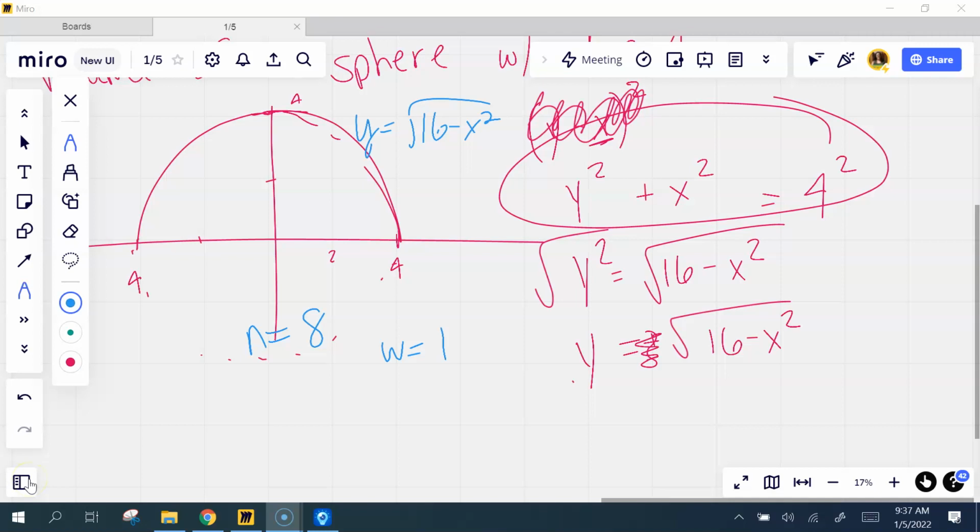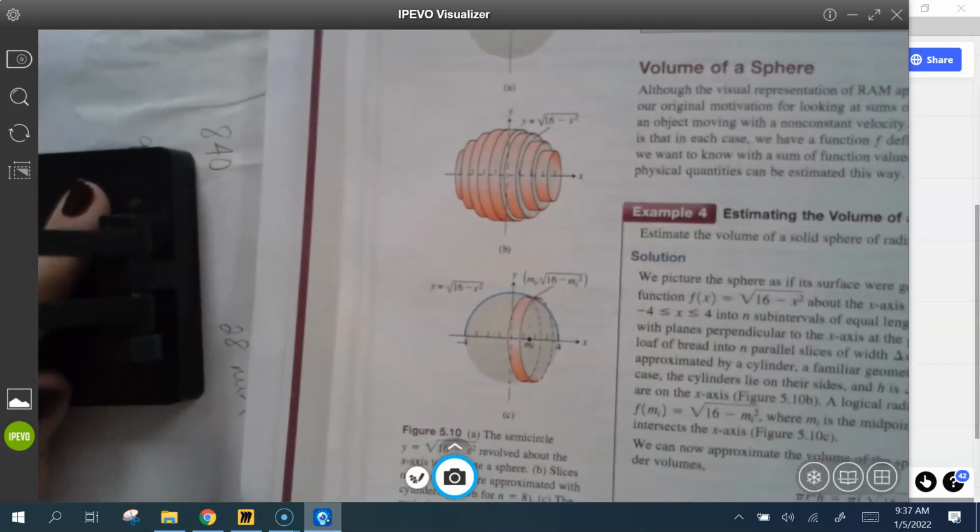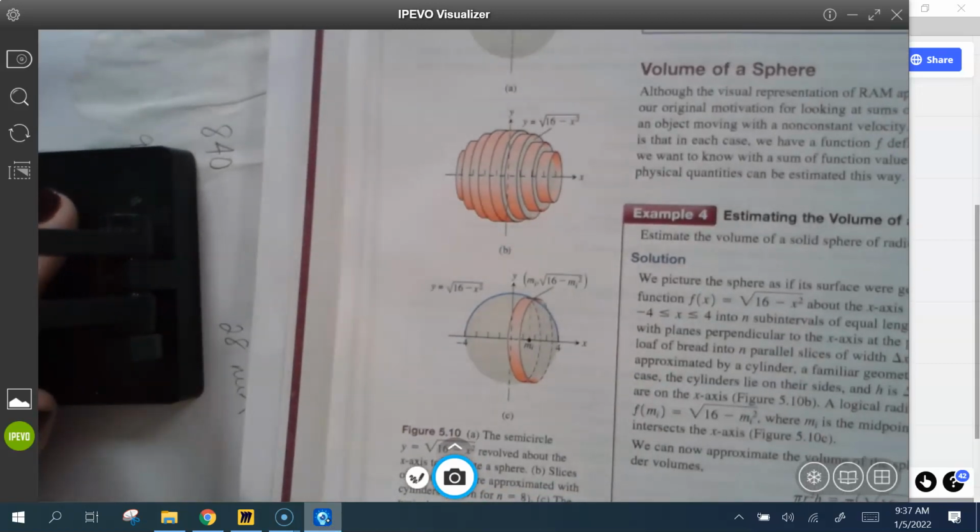If I start cutting this, and I'm talking about volume, so I have to start thinking 3-dimensionally, right? So instead of pulling out rectangles, what I'm really taking out are these circular pieces. Does that make sense? How would you find the volume of a circular piece?